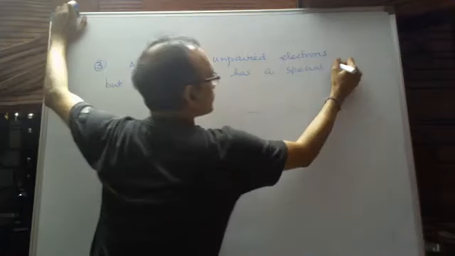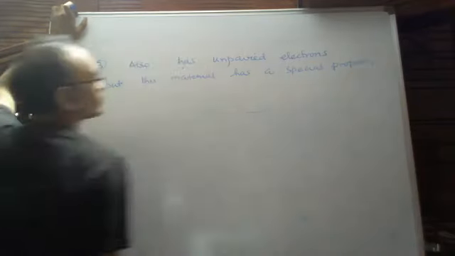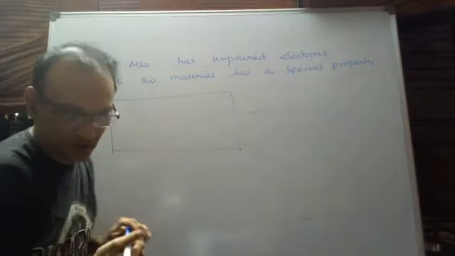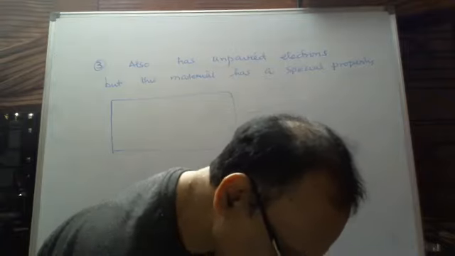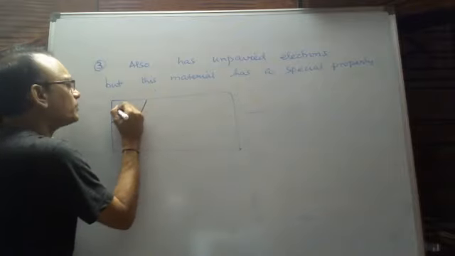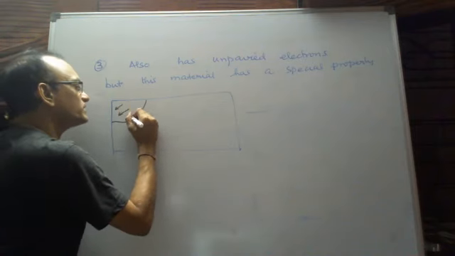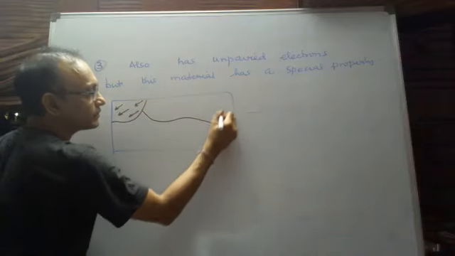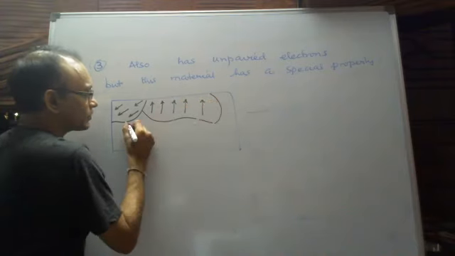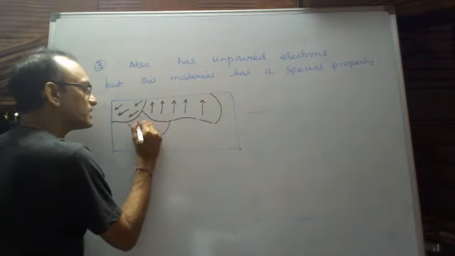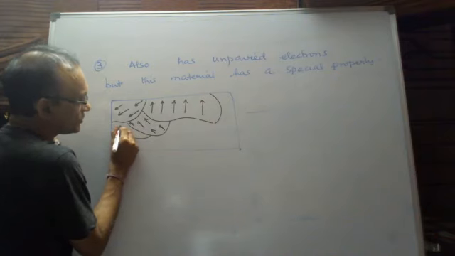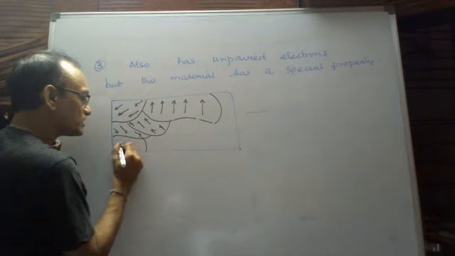Here there is a piece, and in one region, a domain, all atoms have magnetic moment in the same direction. Then there is another domain where all atoms have magnetic moment in the same direction. Again there is a region where all atoms have the same direction. So it is broken down into these domains.